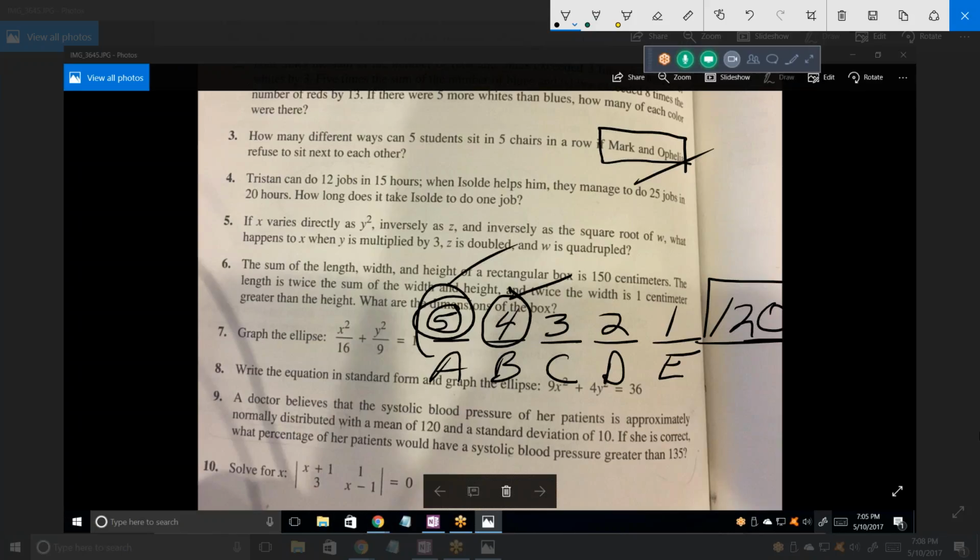For Mark and Ophelia not to sit next to one another, I think it's going to be 5 choose 2, which is 5 factorial over 3 factorial times 2 factorial, which is 5 times 4 over 2. There appear to be, if I'm correct, 10 ways for Mark and Ophelia to sit next to one another. Okay. Let's talk about that for a moment.